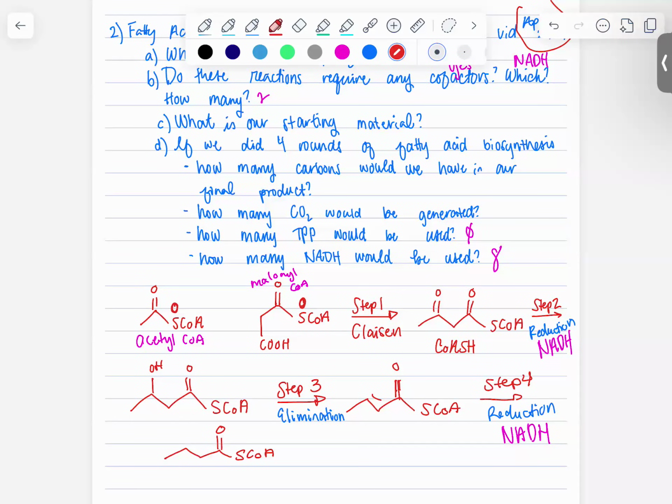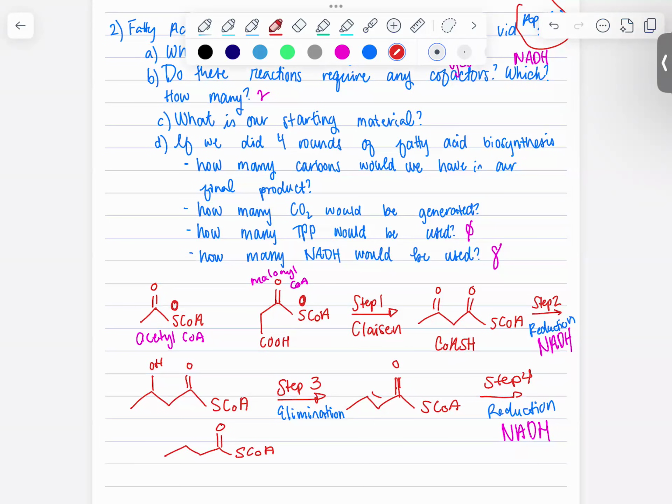In 1 round or in 4 rounds? How many CO2 do I have created in just what I have drawn here? And in what step am I generating CO2?